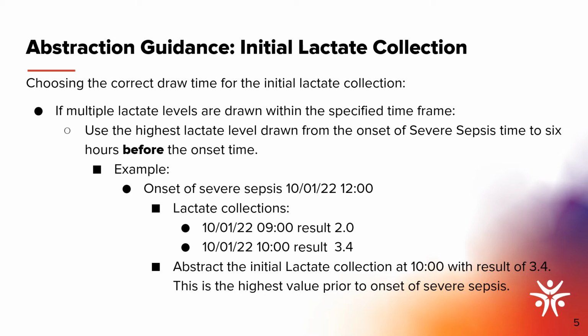Lactate collections were as follows. 9 o'clock had a result of 2.0. 10 o'clock had a result of 3.4. In this scenario, we would abstract the initial lactate collection at 10 o'clock with the result of 3.4. This is the highest value prior to the onset of severe sepsis.